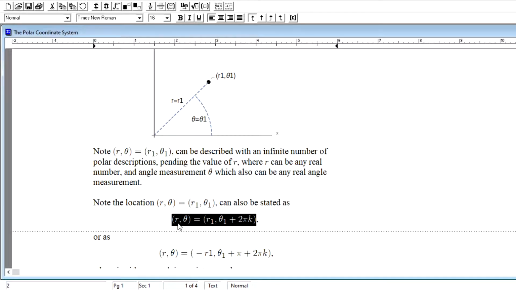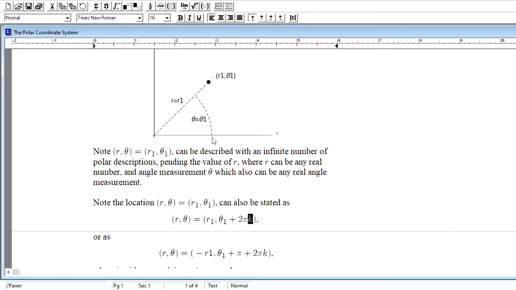When we think about that angle measurement at r1 comma theta 1, we could think of it as being at the location r1 comma theta 1 plus 2 pi k, where k, we're going to note, is just any integer value. And k describes the number of revolutions we're going around the origin before stopping at this radial arm.